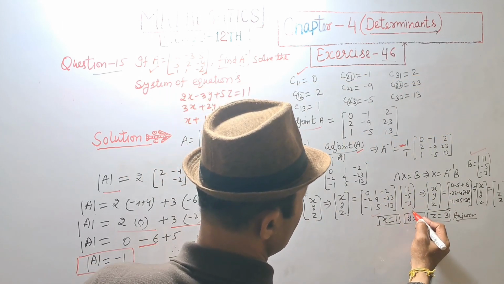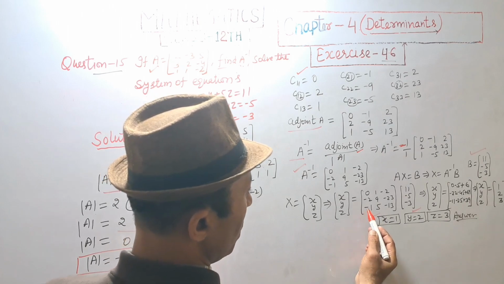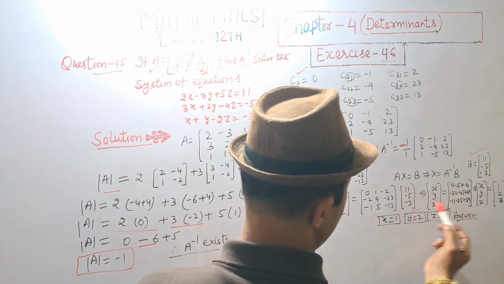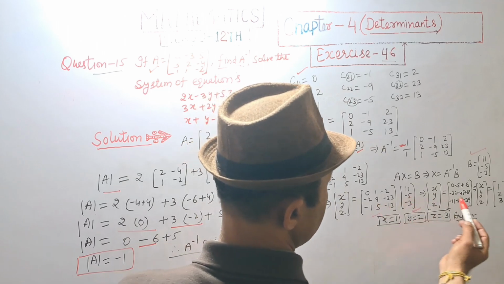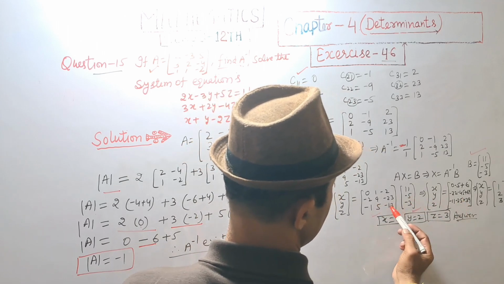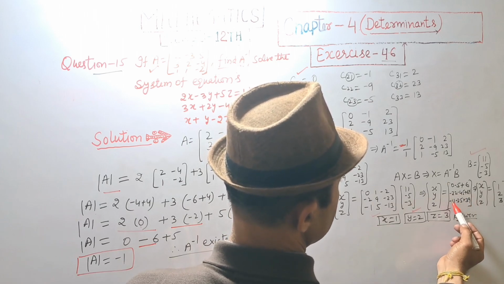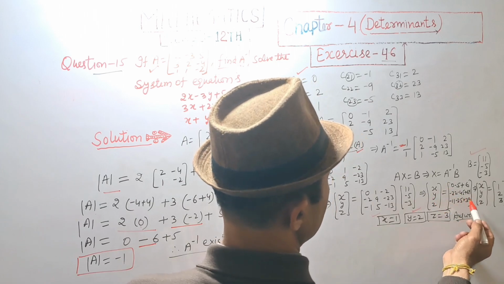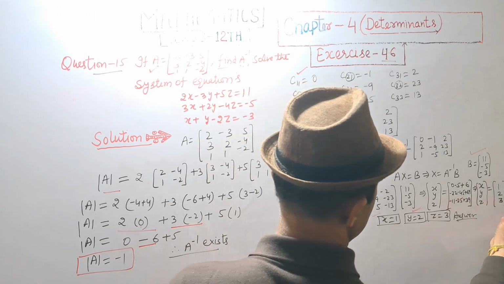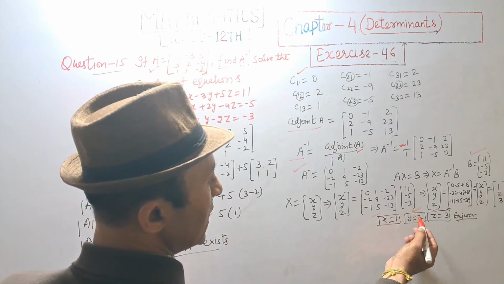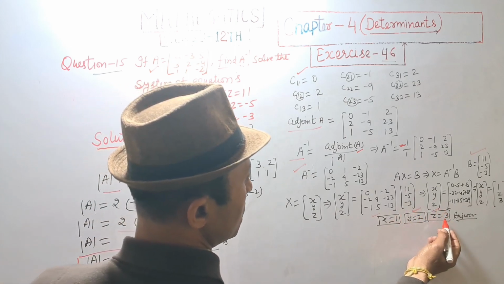Y is equal to 2, and -1 multiplied by 11 is -11, 5 multiplied by -5 is -25, 13 3s are 39 positive, and 25 plus 11 is 36, 39 minus 36 equal to 3. Its value of z. So x is equal to 1, y is equal to 2, z is equal to 3.